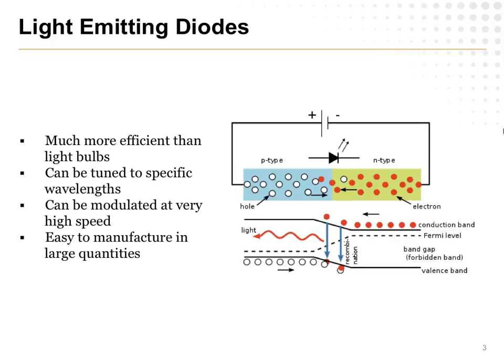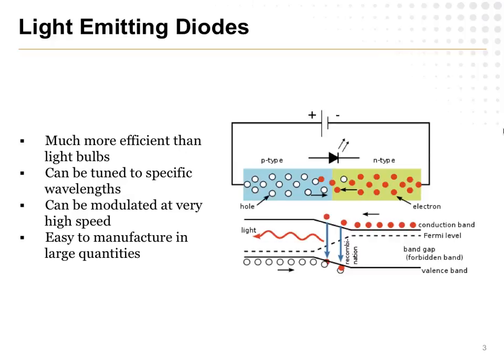And that's why there's been a very big push over the last 10, 20 years to make LEDs the standard for household lighting as opposed to light bulbs. Their efficiency is much higher, and that can take a large burden off the grid because a big chunk of power that we generate is dedicated just to lighting up our rooms, lighting up our homes. So that's why we're seeing LEDs slowly but surely replacing light bulbs.